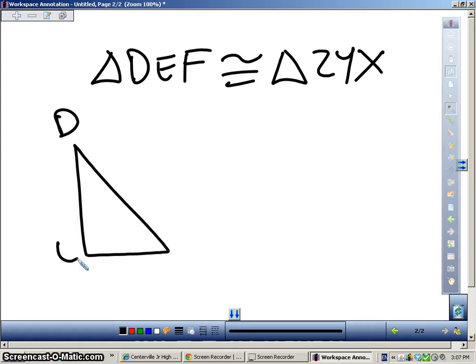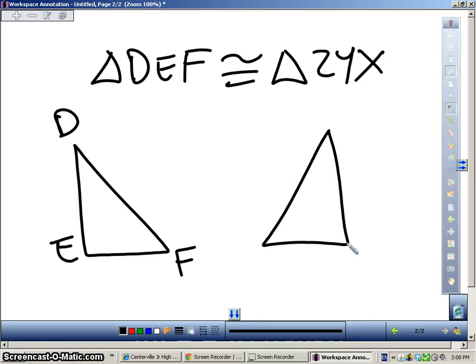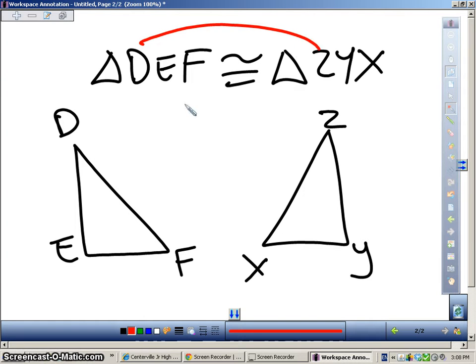So we'll call this DEF, and maybe another triangle like this, and Y, X, and Z. Now you'll remember from quiz 5 that these need to match up. So D and Z are the same thing, E and Y are the same thing, F and X are the same thing. So if I've got like 50 here and 30 here and 2x here, how am I supposed to find out what x is?